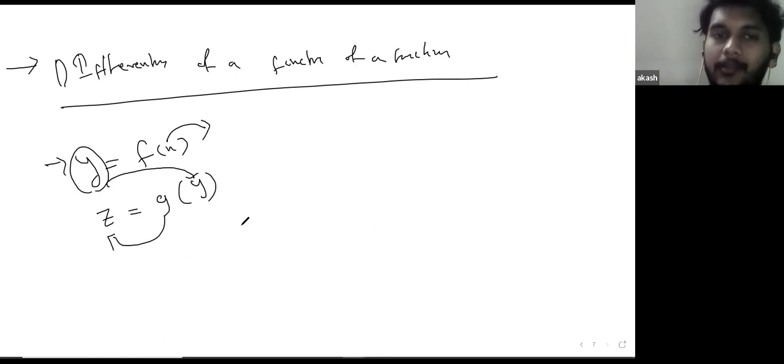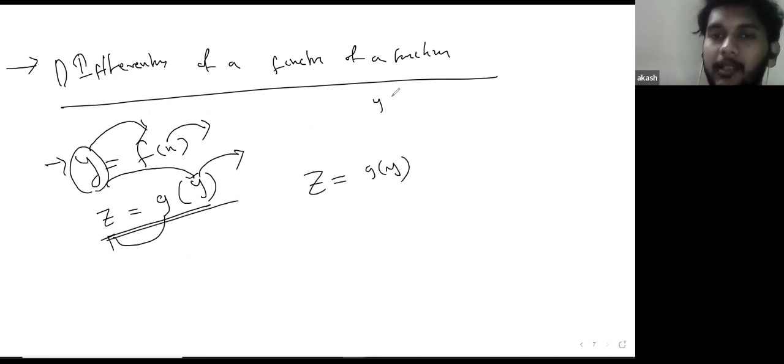Here what is the input? x. Here what is the input? y. y is the output of this function. So you take one function and put that into the domain of another function. That is called a function of a function. So how to differentiate this z function, g of y, where y is another function?